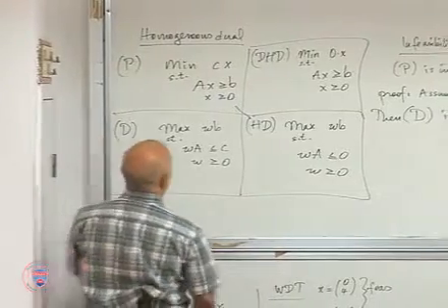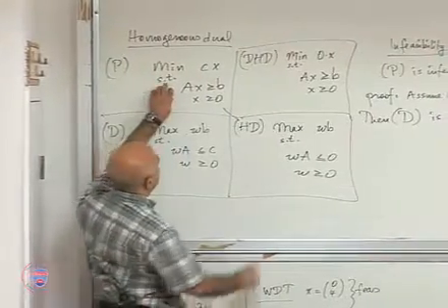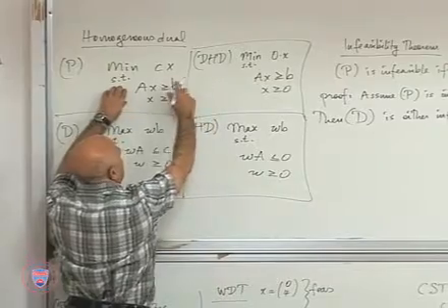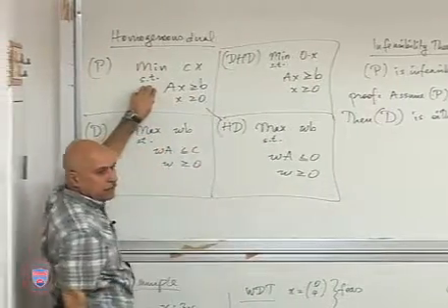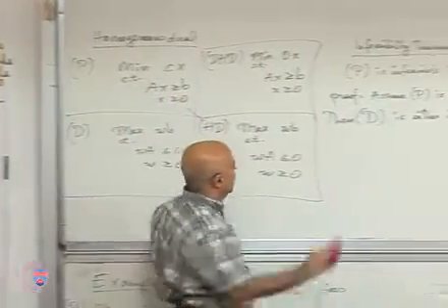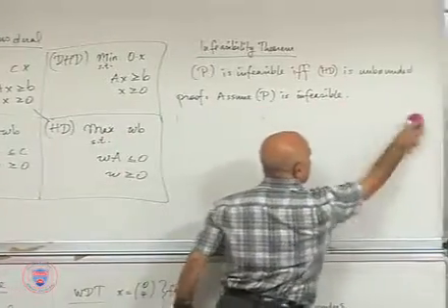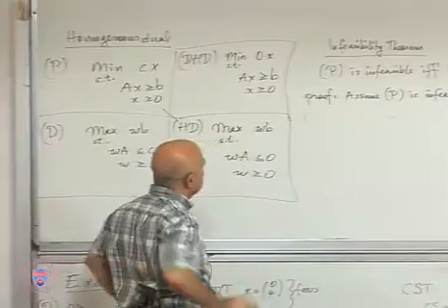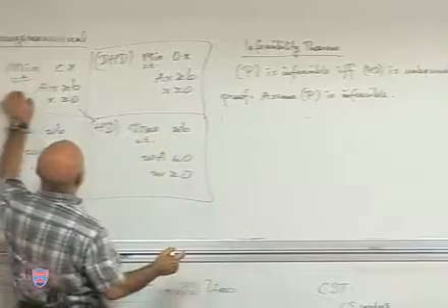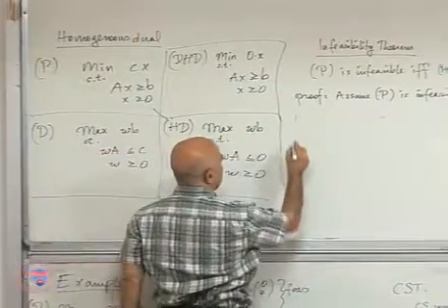Okay, this is the way we should look at it. If you look at P and DHT, the feasible sets are the same, okay? So I'm not sure if this is any useful information. Let's just erase that. If P is infeasible, then DHT is also infeasible.